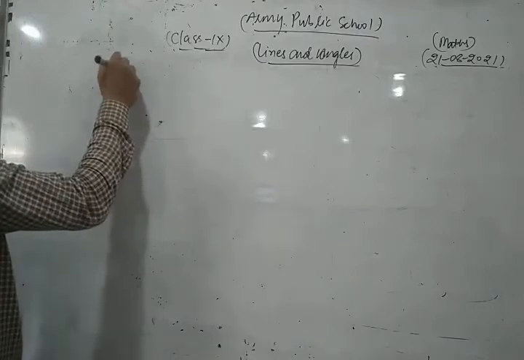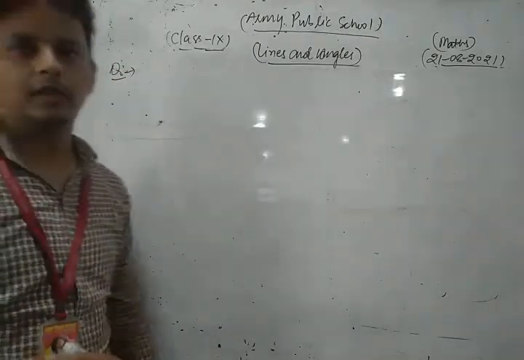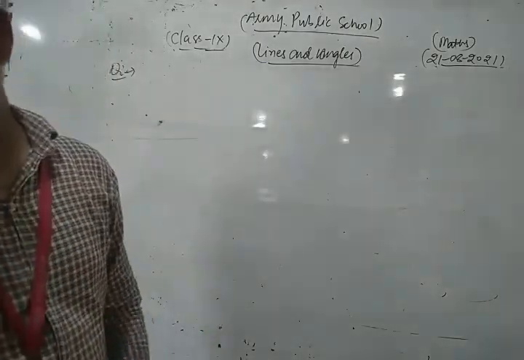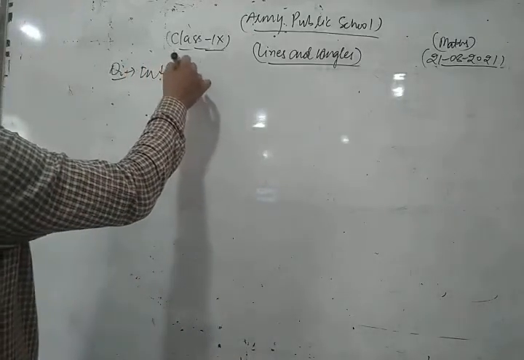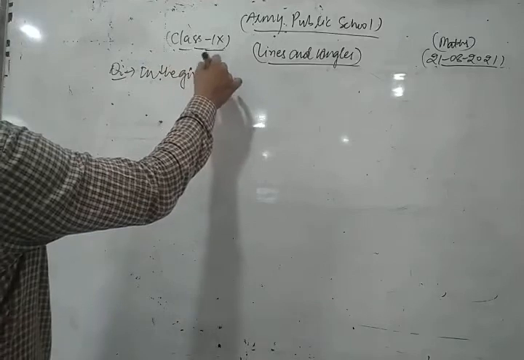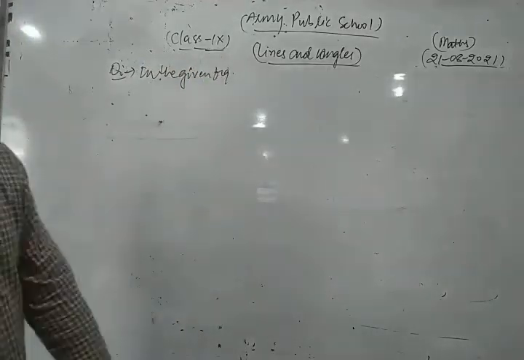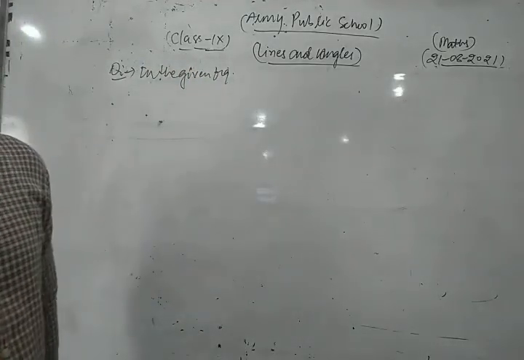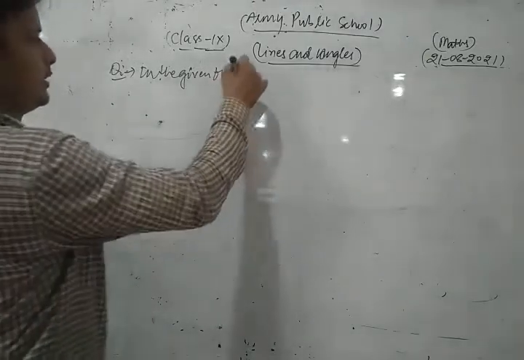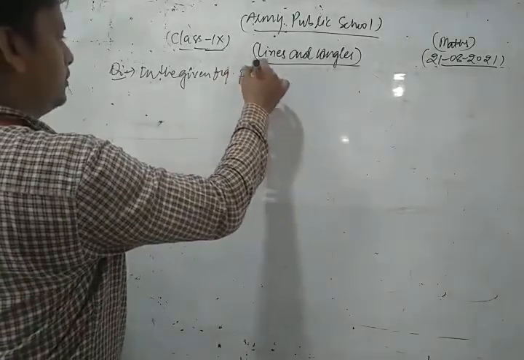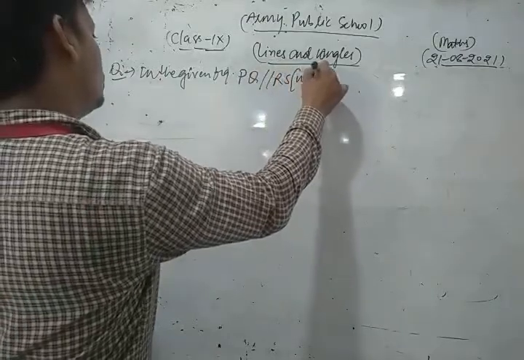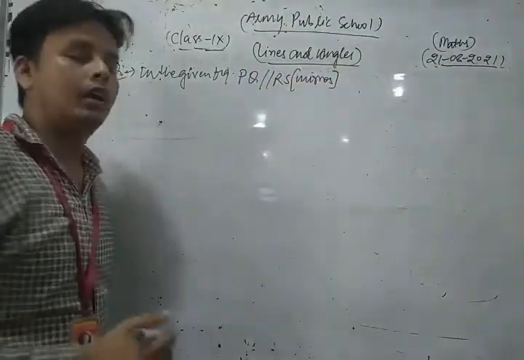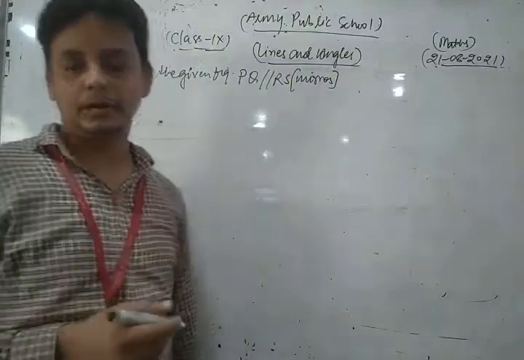science, and your question is, in the given figure, PQ parallel to RS, both are mirrors. Two mirrors PQ and RS are placed perpendicular to each other.